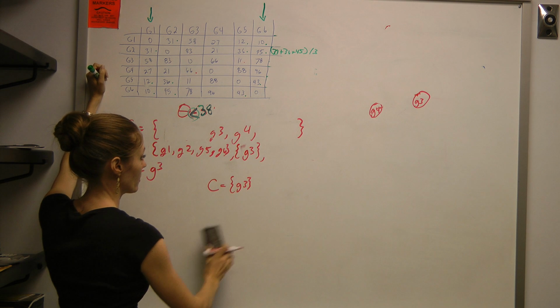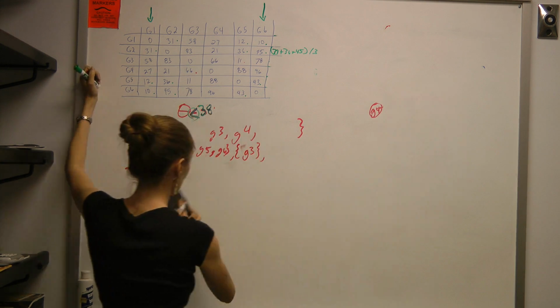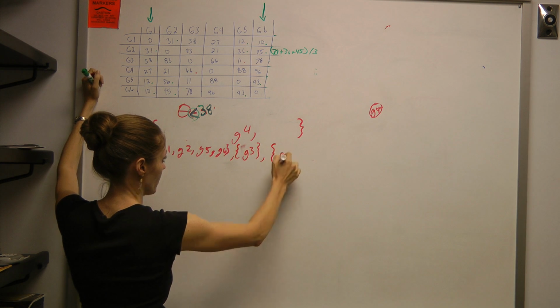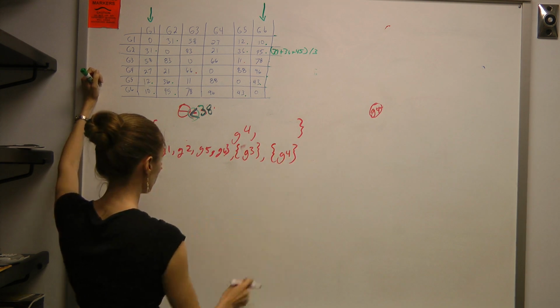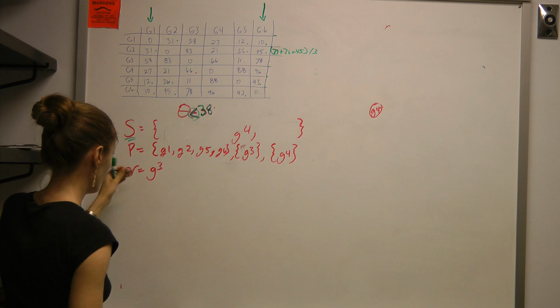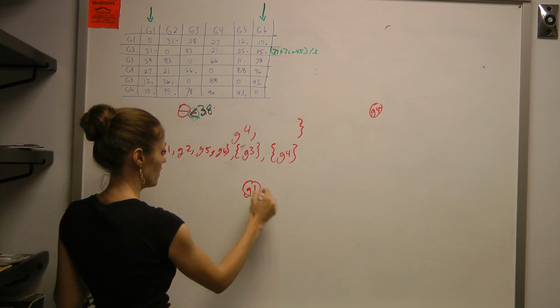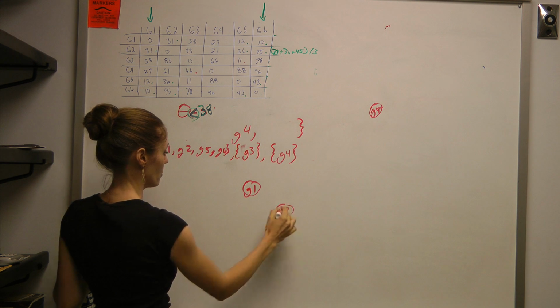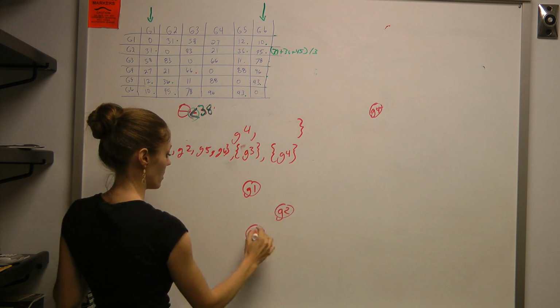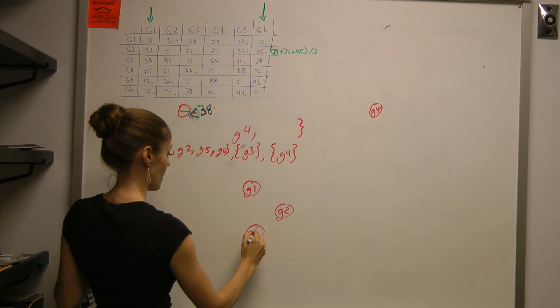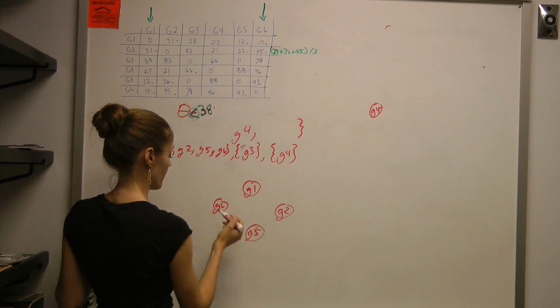And so we get rid of this here, we get rid of that here, and that only leaves us one more, so that would be G4. So our partition is three clusters. Cluster of G1, G2, G5, G6.